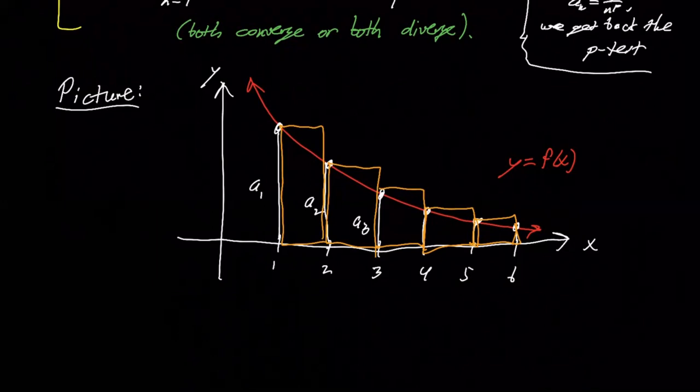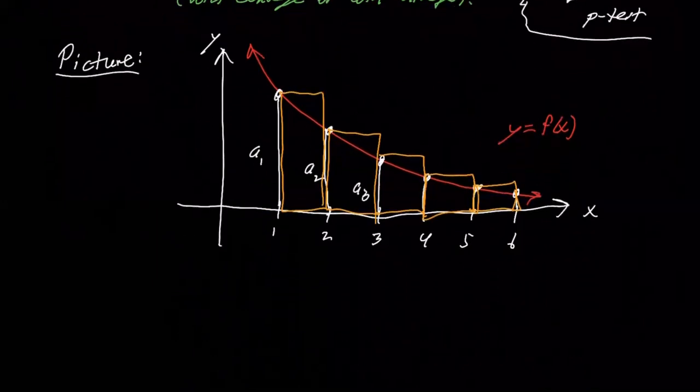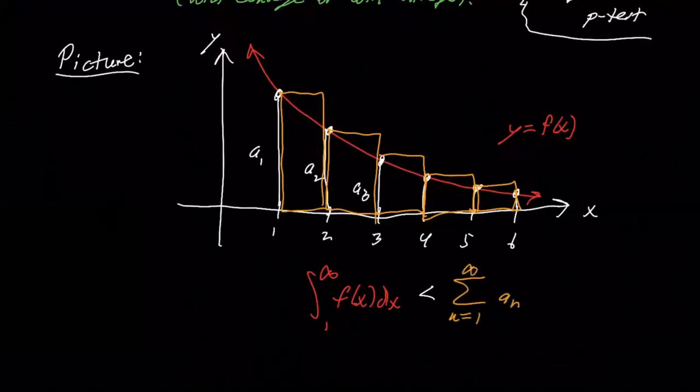So this shows that the integral from 1 to infinity of f of x dx is actually less than the sum from n equals 1 to infinity of a sub n.